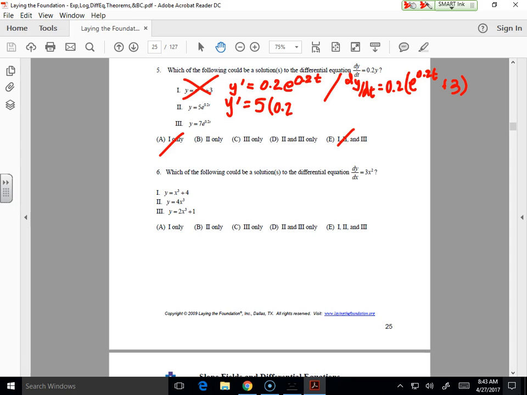Oh yeah, 2 works. You have to do times u prime, which is exactly what this one says. If you do the same thing on 3, it's going to work out as well.